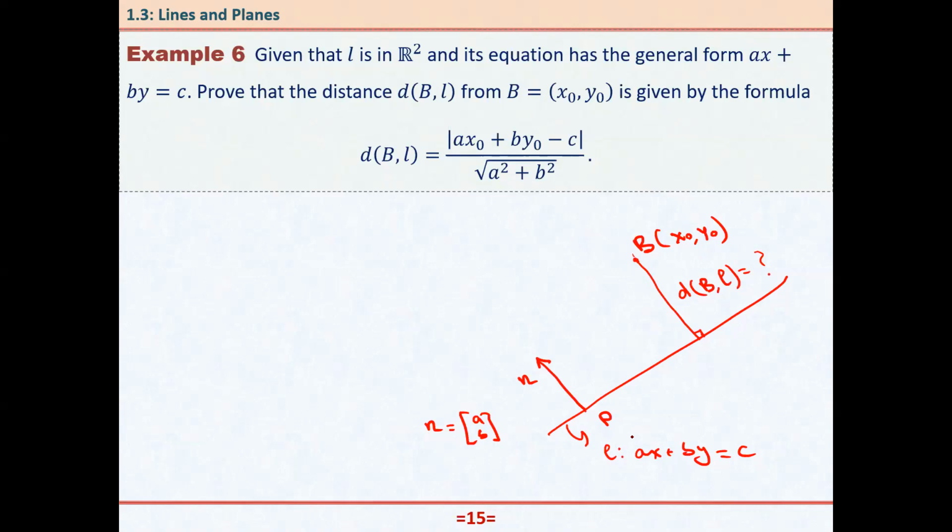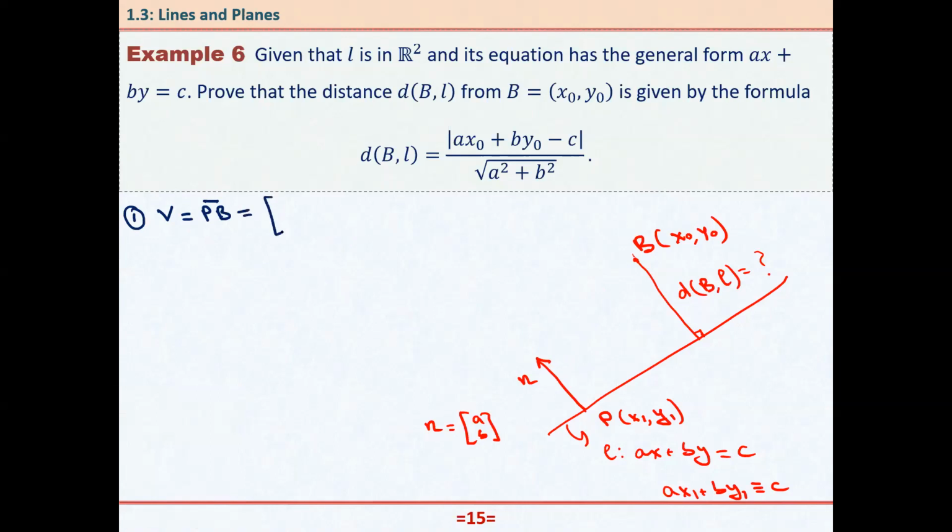Let's say its coordinates are x1 and y1. Since it belongs to the line, it satisfies this equation. That means that a times x1 plus b times y1 is identically equal to c. Now, using a similar idea, first we form vector v. What is vector v? That is PB.